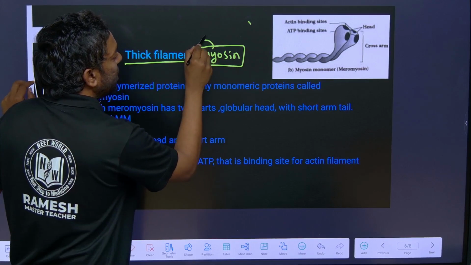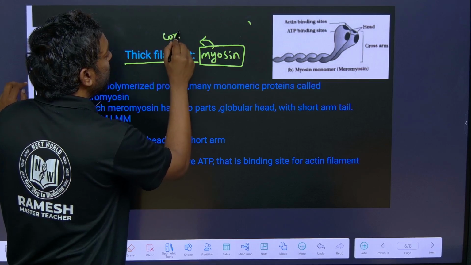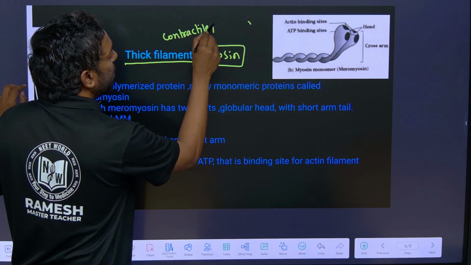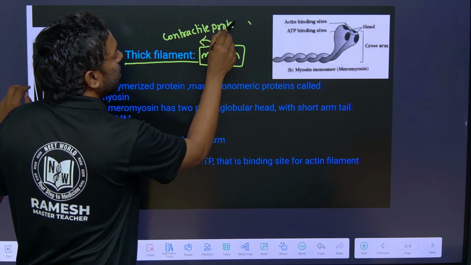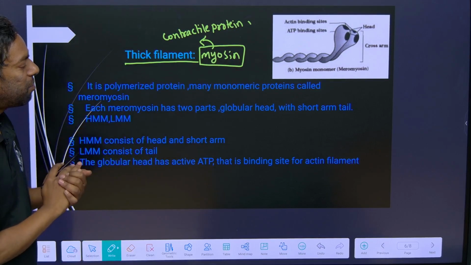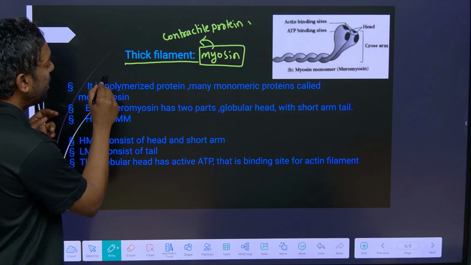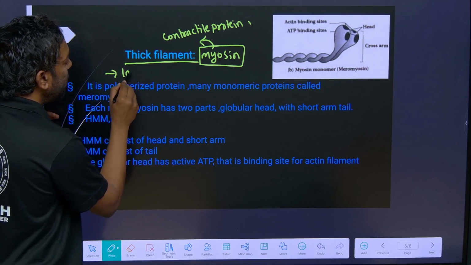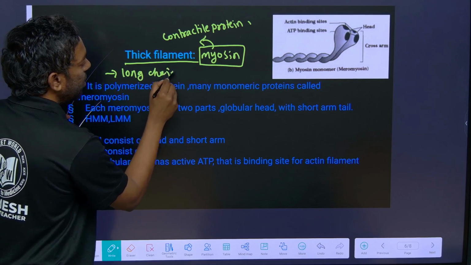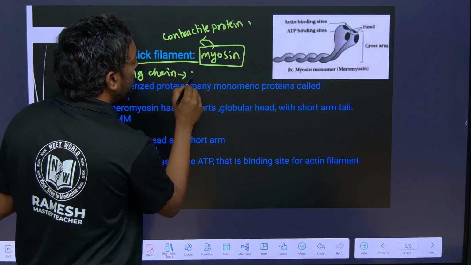Myosin is the contractile protein. It is a long chain, which we call a polymer.